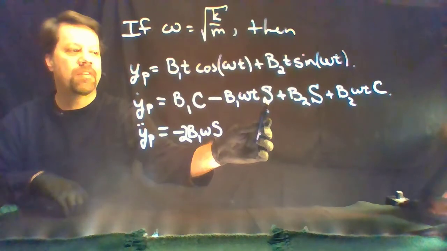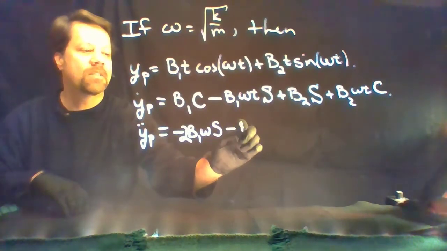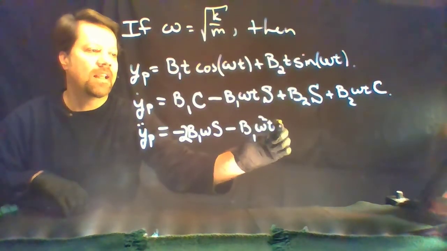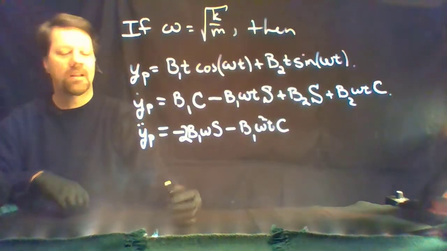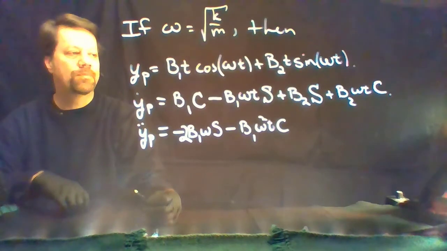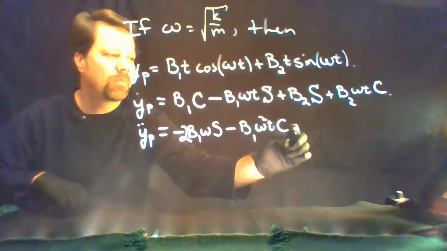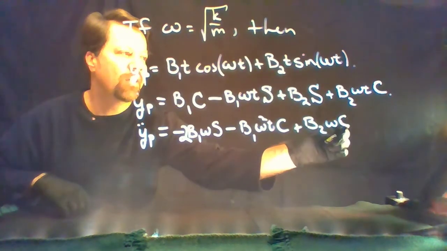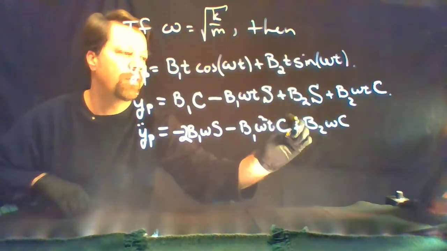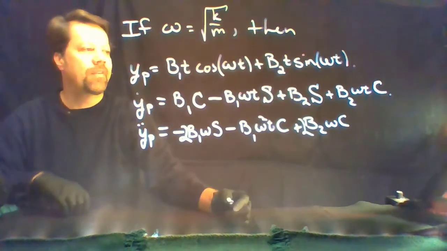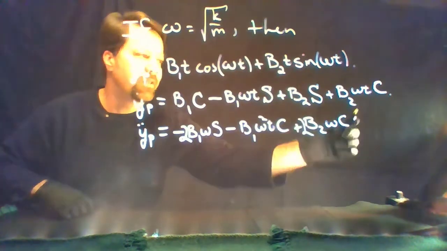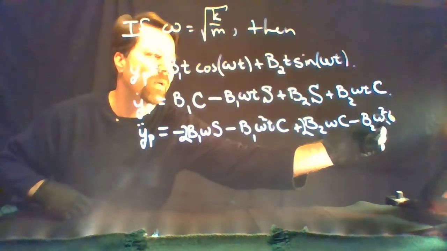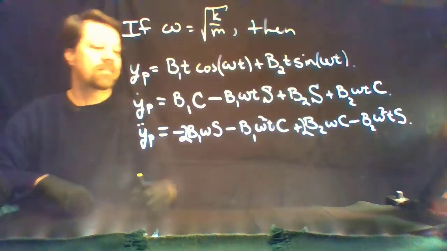And when we take the derivative of sine, we'll get minus b1 omega squared t cosine, another factor of omega from the chain rule. Over here, we'll get plus b2 omega cosine, but we'll get one more of those when we take the derivative over here. When we take the derivative of the cosine, we get minus b2 omega squared t sine.